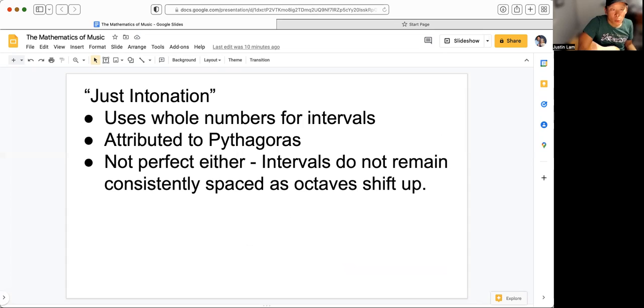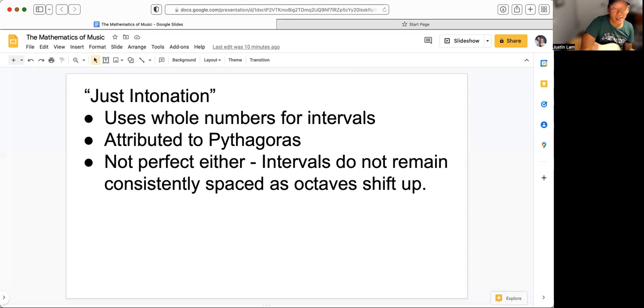So in musical history, this idea of just intonation came about, and it was attributed to Pythagoras in antiquity. The idea was that for certain musical notes, I could actually use whole numbers for the intervals. And as you see, it sounds great to have the whole numbers of the intervals laid out in the chords, because it leads to a lot more consonance in the sound itself.